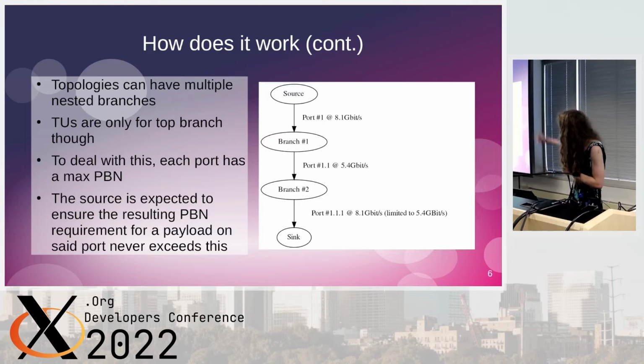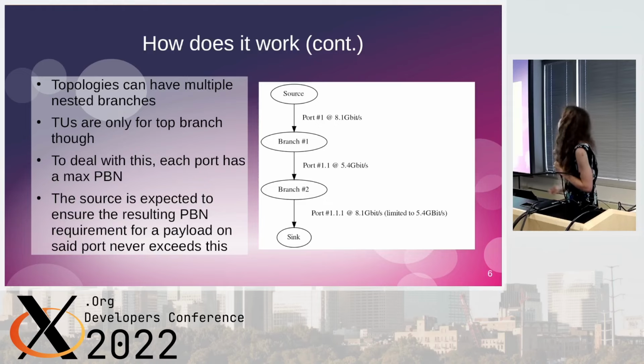For instance, you can see from the source here, we've got it connected to an MST branch. And on that port, it's got an 8.1 gigabit connection. On branch 2, though, it's only got a 5.4 gigabit connection, which means that while the sink is capable of 8.1 gigabits, it's limited to 5.4 gigabits.